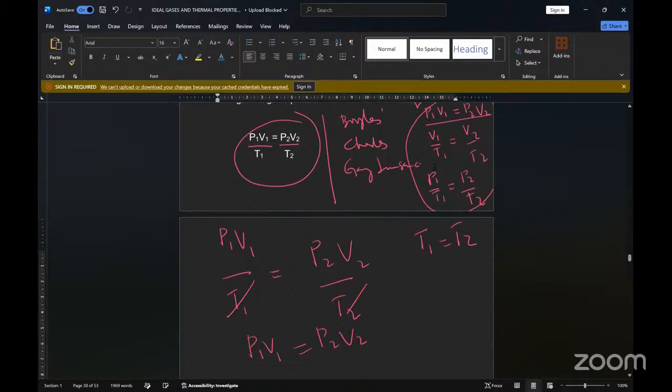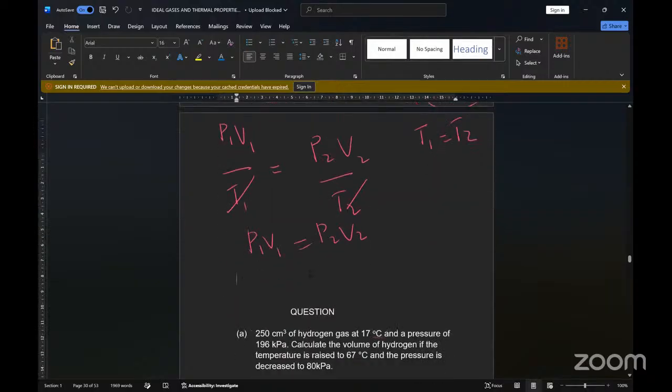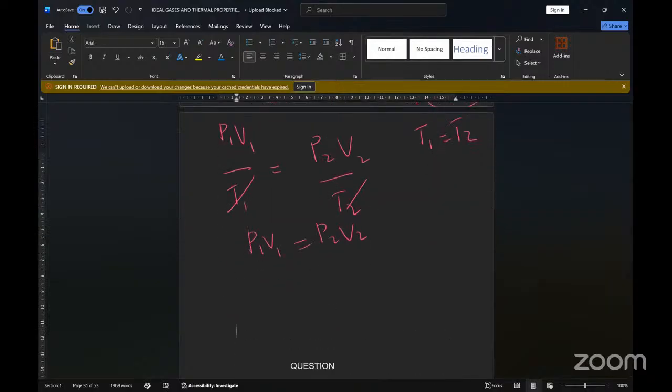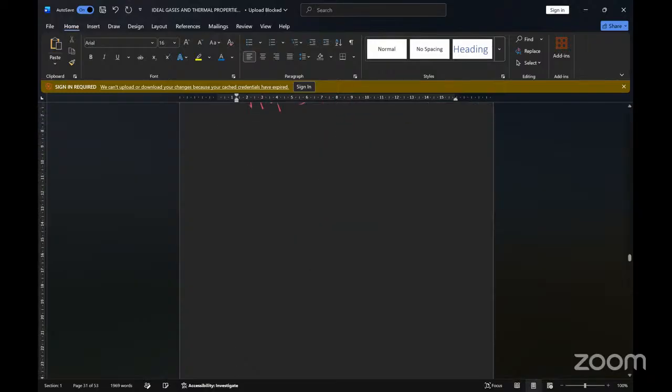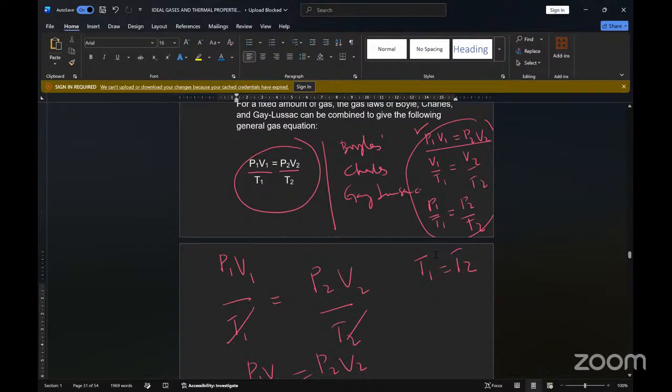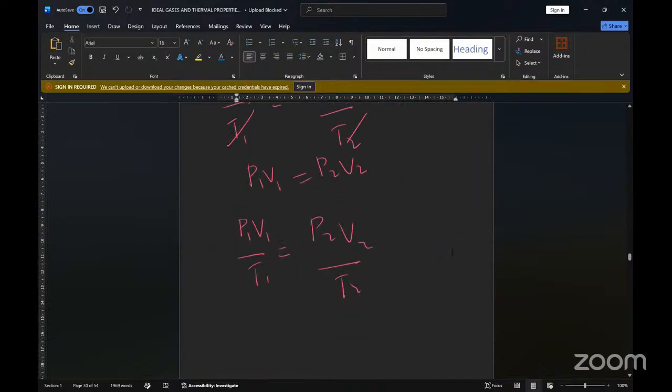Now let's go to Charles' law. Let's use the same thing, the combined gas equation: P1 V1 over T1 is equal to P2 V2 over T2. Charles' law says that at constant what? At constant pressure, okay?